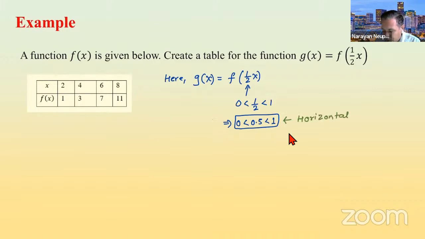This is horizontal stretch. We are doing horizontal stretch by a factor of 1 over 2, which means horizontal stretch by a factor of 2. The reason I'm saying by a factor of 2 is because the factor is always 1 over b.